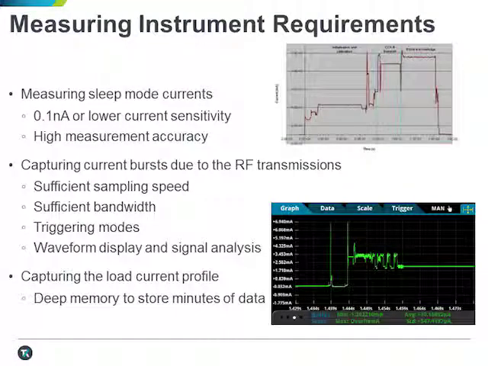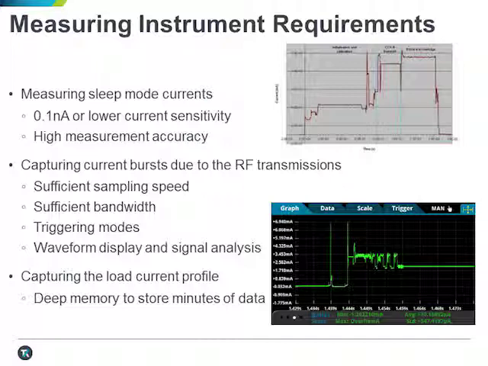To capture all the aspects of your load current, which, to repeat, can be complex wave shapes, as shown in the two plots on the right, you need the following measuring capabilities. 0.1 nanoamp sensitivity if you have a deep sleep mode with just your controller and a few components that need to be operational. Your instrumentation needs sufficient accuracy to trust what you are measuring.